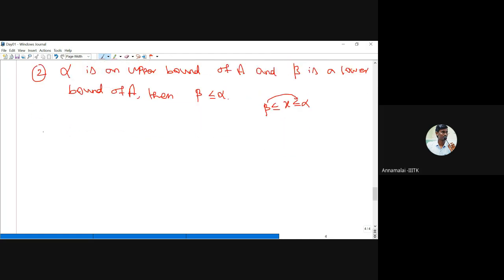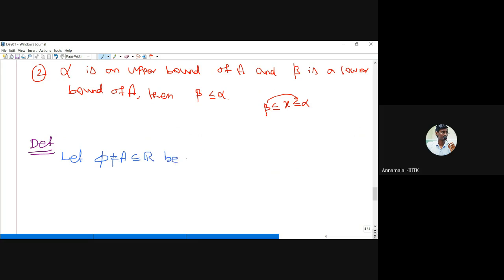So the definition for least upper bound. When we say a real number is a least upper bound of the set, first of all, it's an upper bound and it should be least. So definition: let a non-empty set A of R be bounded above.